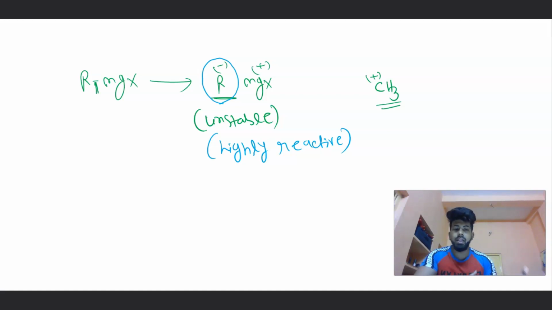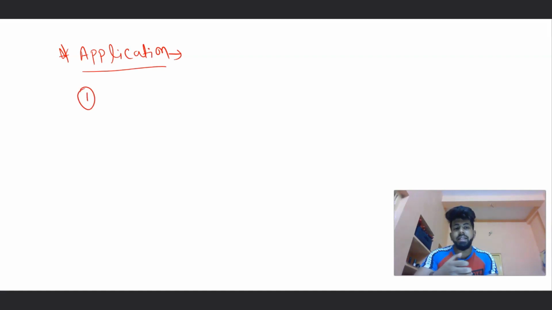Now we have to see its application. Now let's start with the application of Grignard reagent. So here we will learn about some of the applications today. So first of all, reaction with acidic hydrogen.